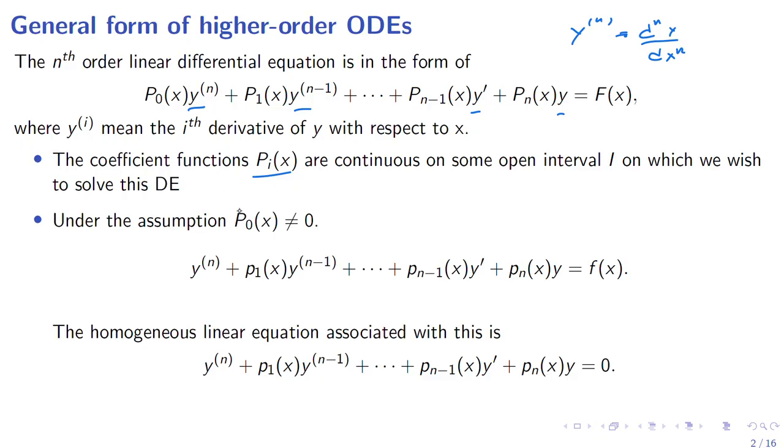Again, when we divide the entire ODE by the coefficient p naught of x, we can make the coefficient of the nth derivative term 1, and then it will be in this form. And if the right hand side is equal to 0, we call it the homogeneous equation, and this is a homogeneous linear equation of the nth order.